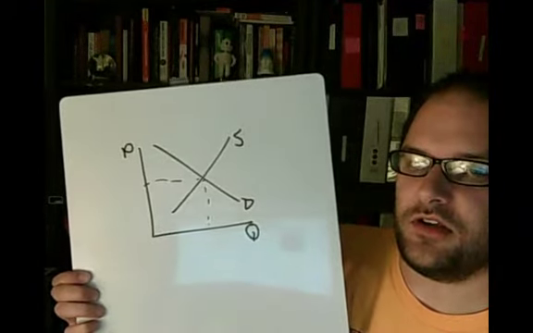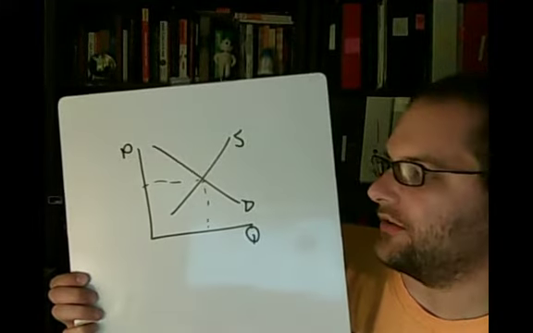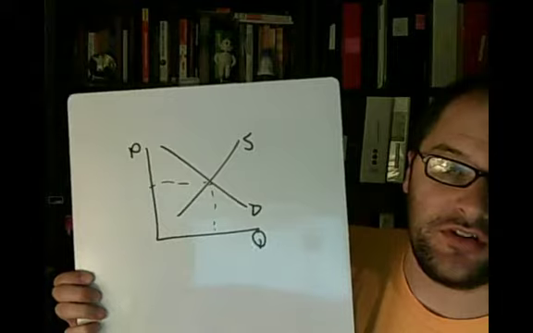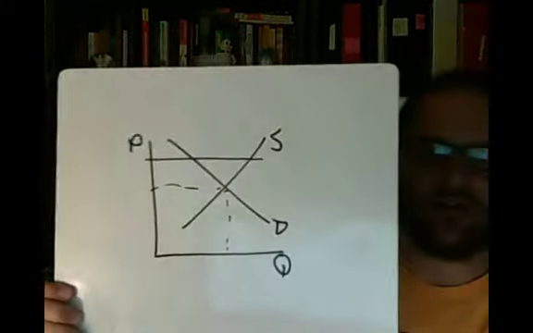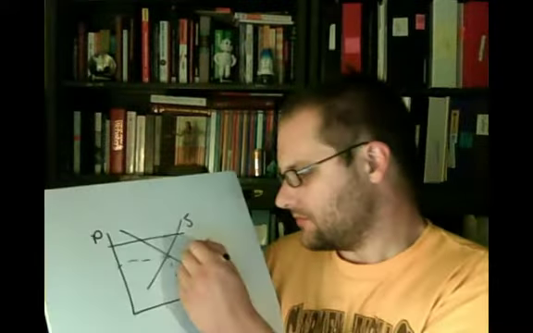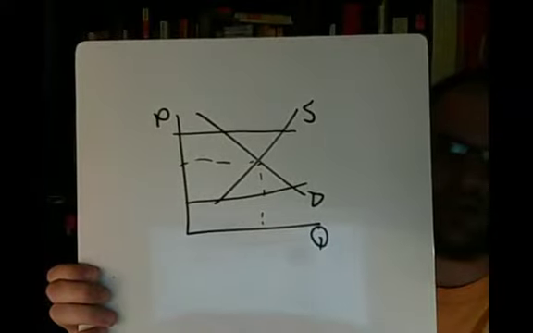What we're going to do here is talk about why this equilibrium price and quantity is the most efficient, the way of understanding that. And then in other parts of this chapter, we'll talk about what happens when the price is set artificially higher, and what happens when the price is set artificially lower.